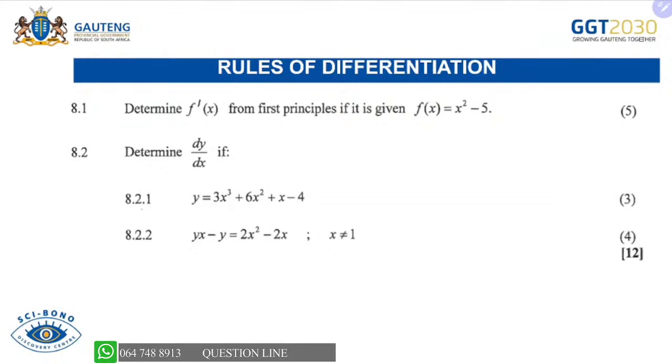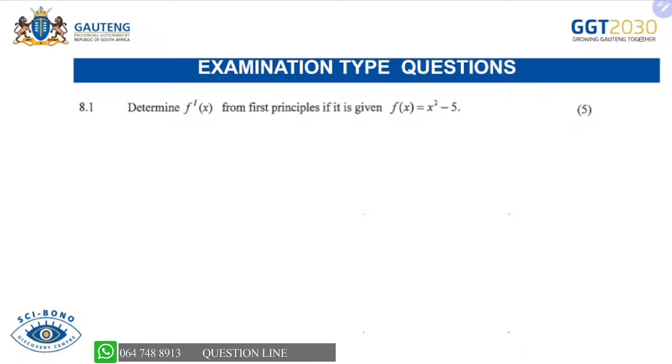I hope we have managed to answer this question. Now, the first question requires us to use first principles. Remember, you check the definition of first principles. You evaluate f of x plus h first, then you substitute into the definition. Now, there we are. We evaluated our f of x and we got that.